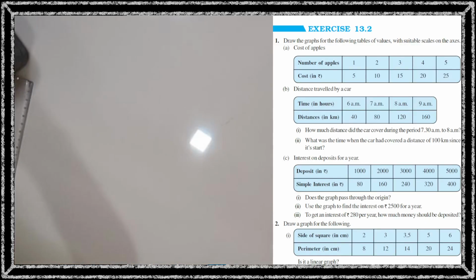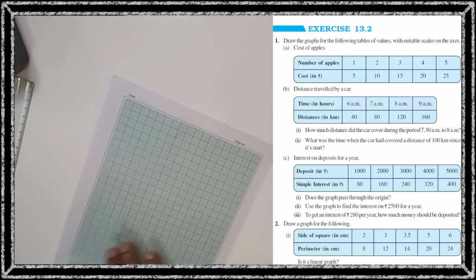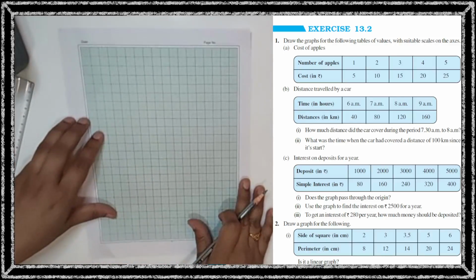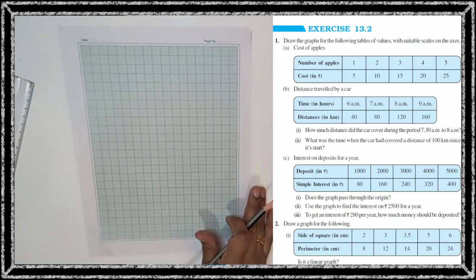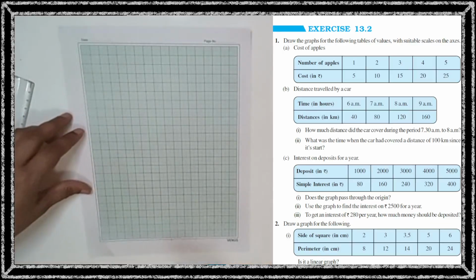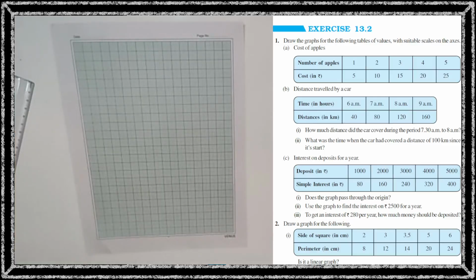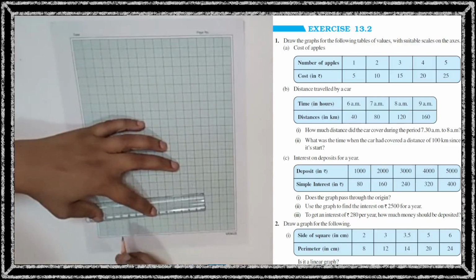Interest on deposit for a year is given to us. So here the x-axis is going to be the deposit amount and the y-axis is going to be the simple interest. Once we plot the graph, we will look at the questions. Let me draw the x-axis and the y-axis.